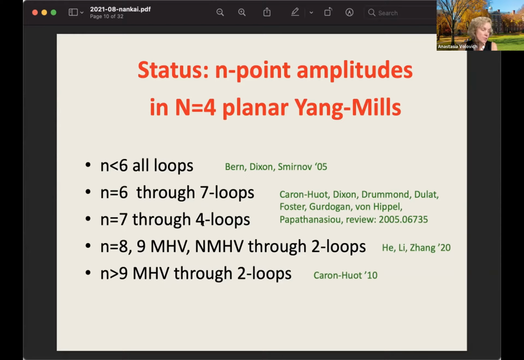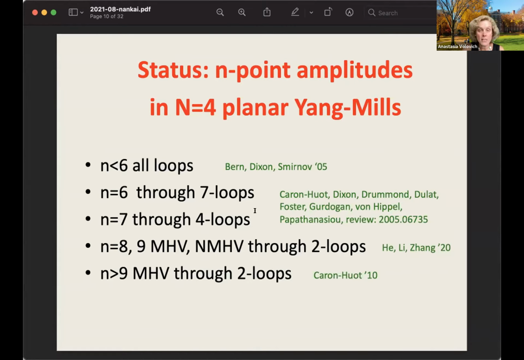Because of the special symmetry called dual conformal symmetry, there's just a formula you can write for the expressions for these amplitudes at 4 and 5 points. Now, when you go to 6, so we're increasing the number of external lines, external particles, the 6 points are known through 7 loops.